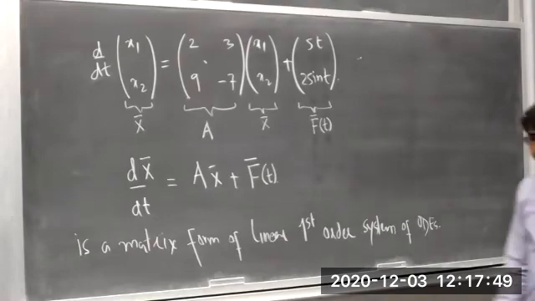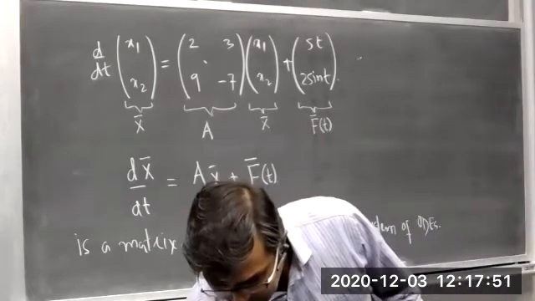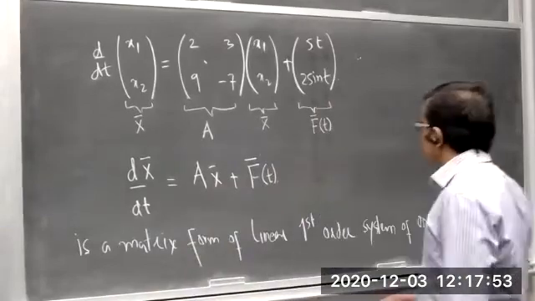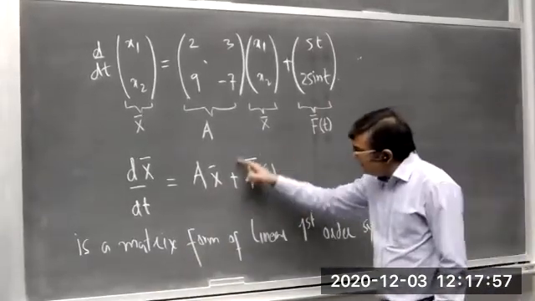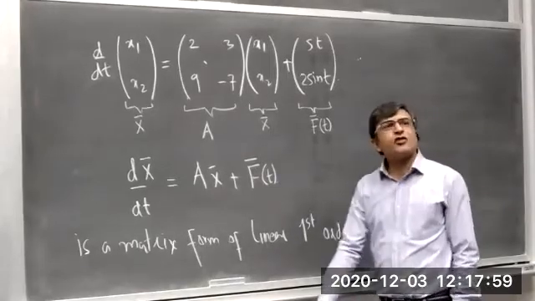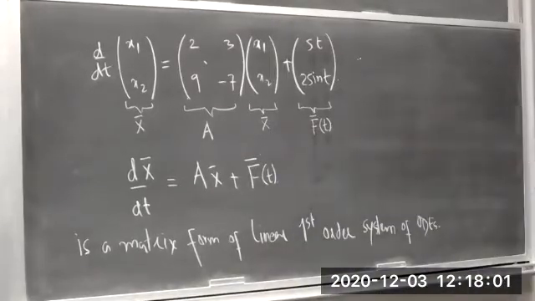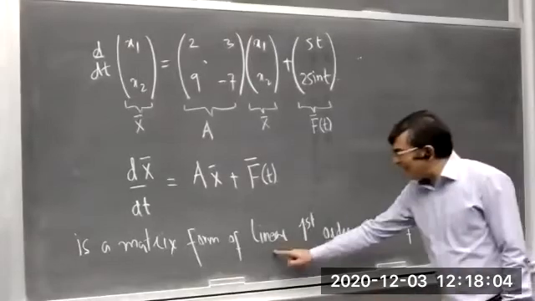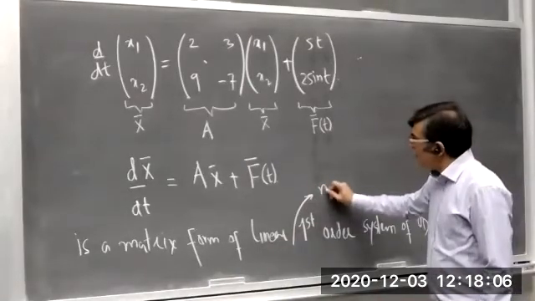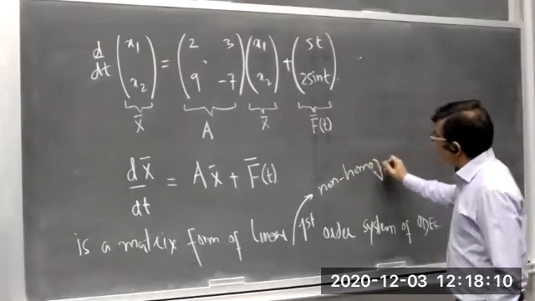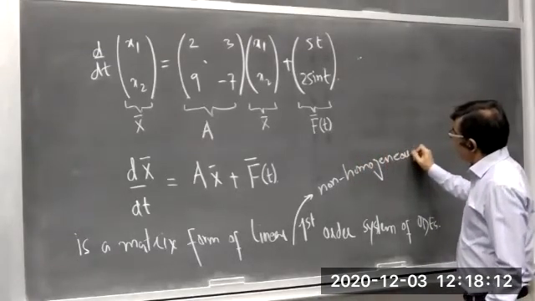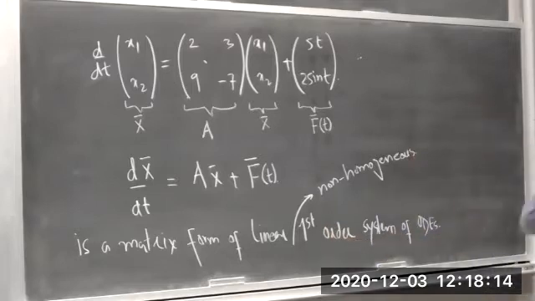One other thing I need to mention here is that when there is this function f of t and it is non-zero, then this system is called a linear non-homogeneous first order system of ODEs.